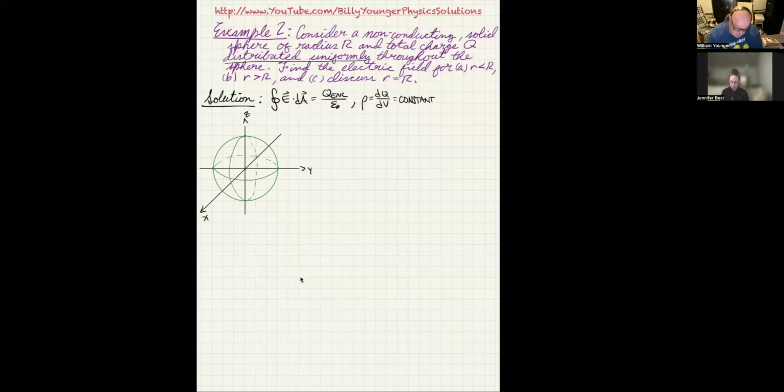So that's the object we're talking about, and its radius is big R. Okay, now I'm going to draw a Gaussian surface, and we're going to start off with A, which is r less than R. So I'm going to draw a circle of radius 2 squares, and hopefully it'll come out nice and neat.